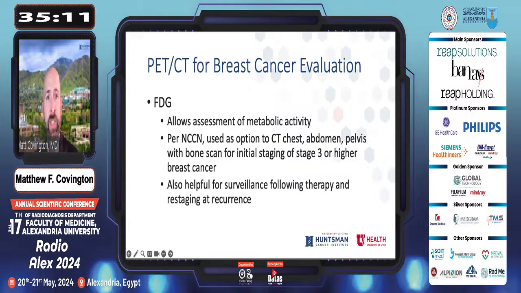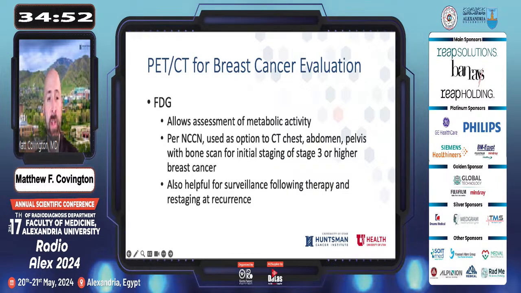FDG, as we've just learned, is an assessment of metabolism, and we are looking for hypermetabolic sites of breast cancer throughout the body. Guidelines can vary on whether someone should have an FDG PET scan for breast cancer.